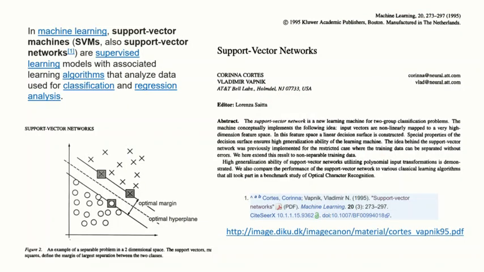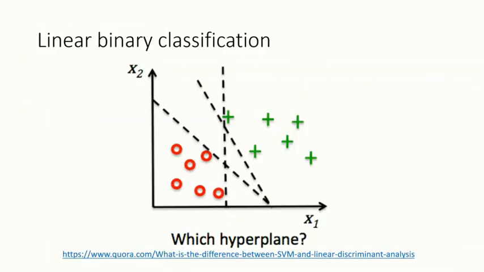So the idea is like this. In this 2D space, for example, you want to have an optimized line to separate two classes of data. SVM tries to find how to define this line. We can separate red circles from green crosses in different ways.